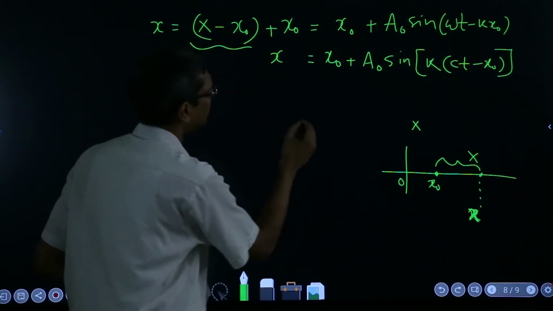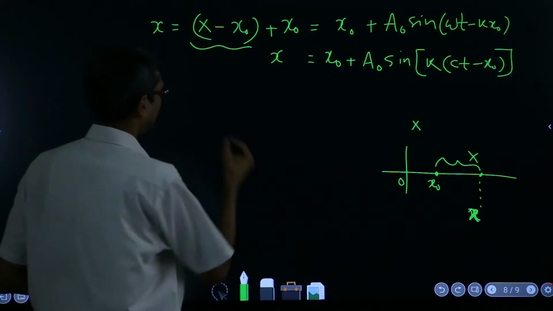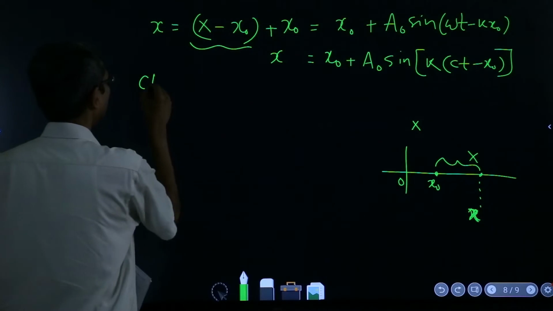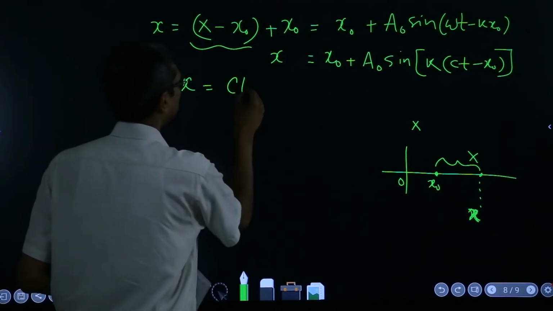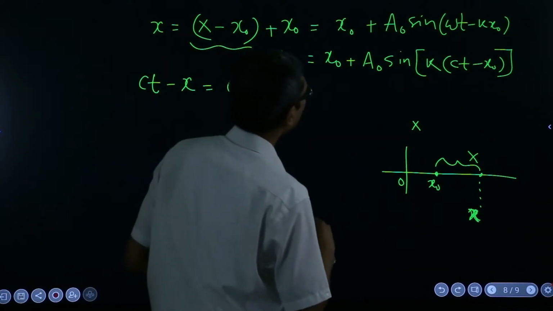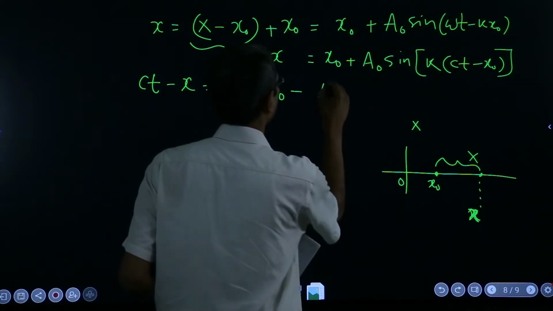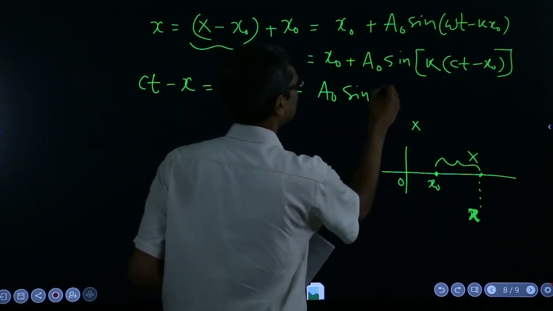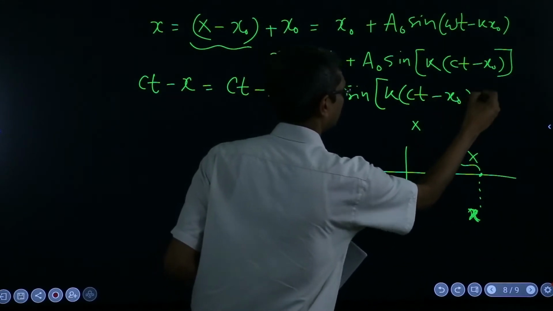To take that into account and to make things easier, we can simply multiply this equation by -1 and add ct. Then the equation will become ct minus x equal to ct minus x naught minus a naught sine k (ct minus x naught).